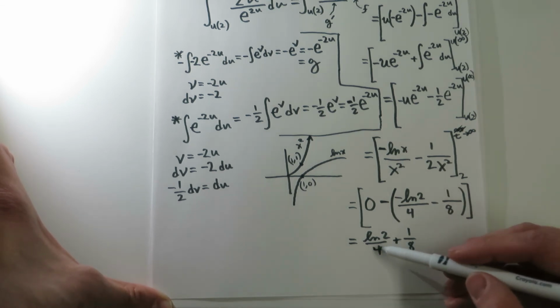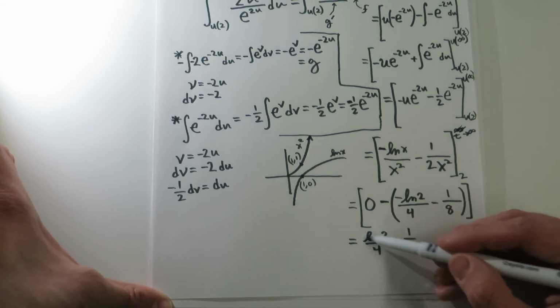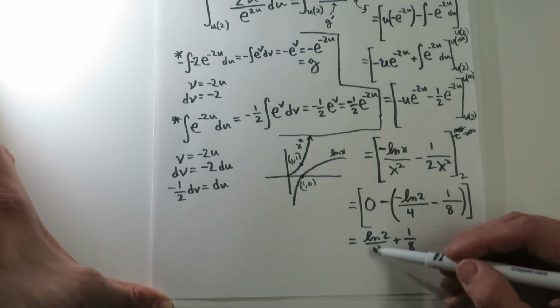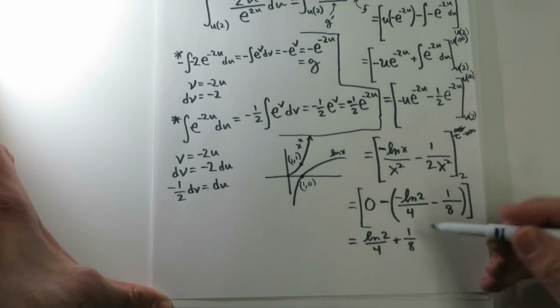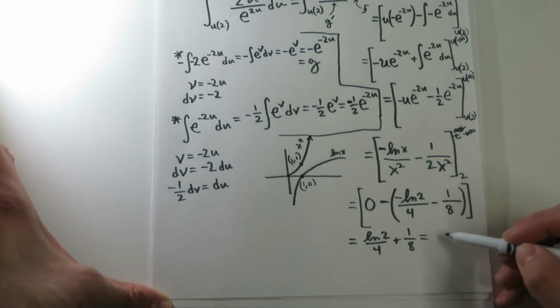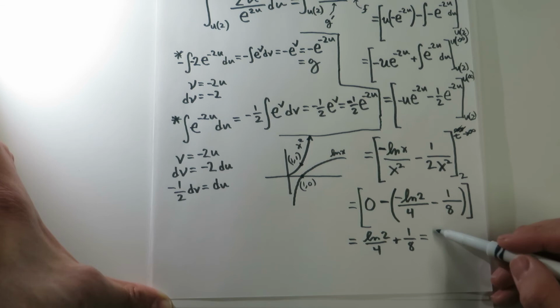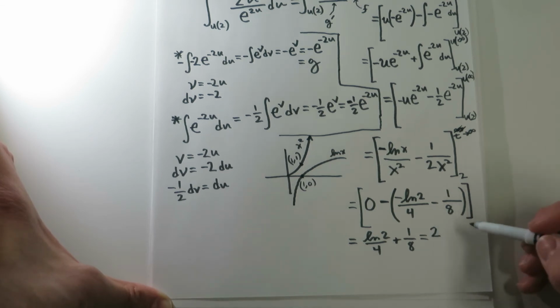And we could multiply the numerator and the denominator on this side by 2, and put the whole thing over a denominator of 8 if we wanted to boil it down even further.